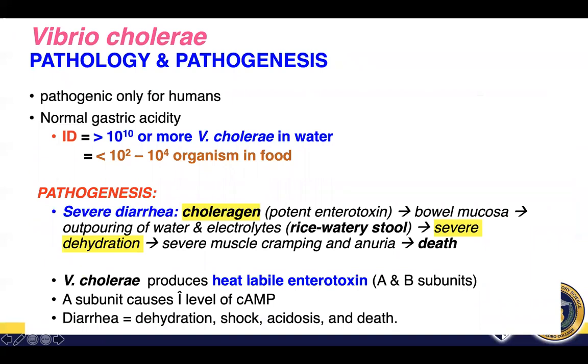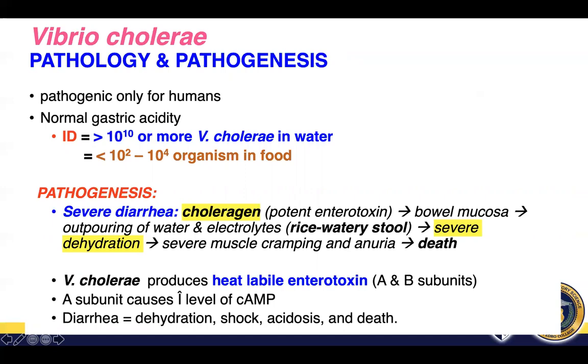So for the pathology and pathogenesis, okay, so our Vibrio cholerae is pathogenic only for humans. Okay, under normal gastric acidity, for an individual to be infected, okay, more than 10 to the 10th power of Vibrio cholerae has to be present in water for infection to occur.